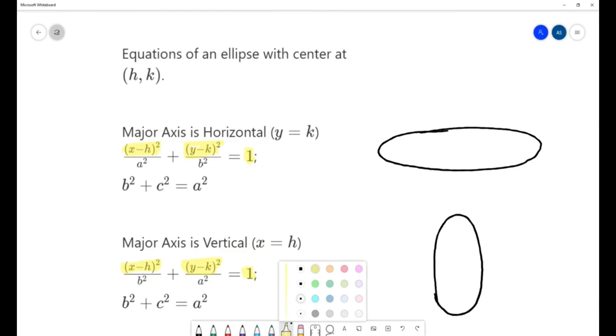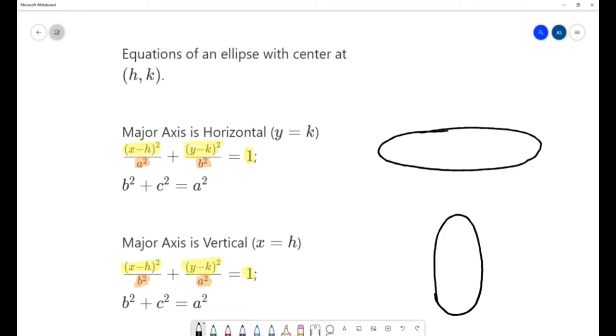However, what's different is that we have a squared underneath the x on the horizontal orientation and b squared underneath the x on the vertical orientation, and then vice versa over here. So this is going to tell us what the orientation is if we understand how these are set up.